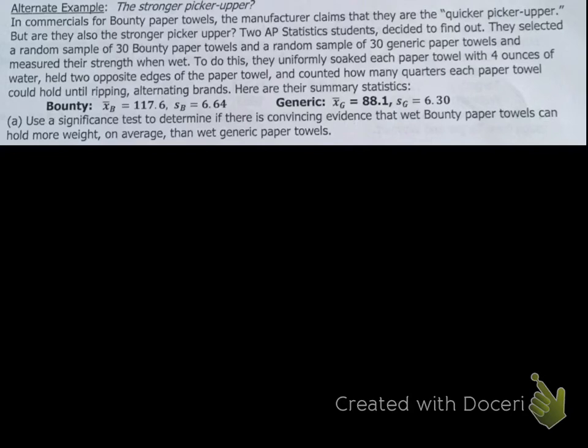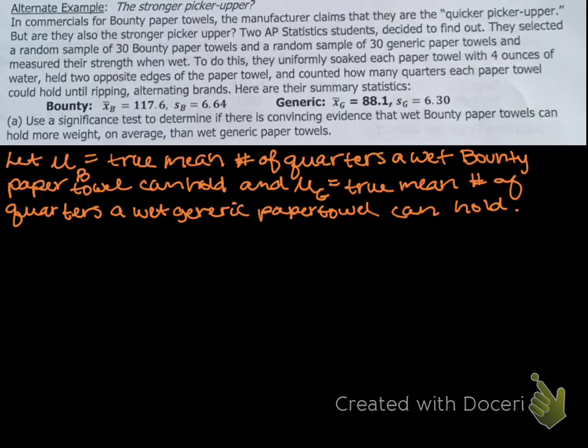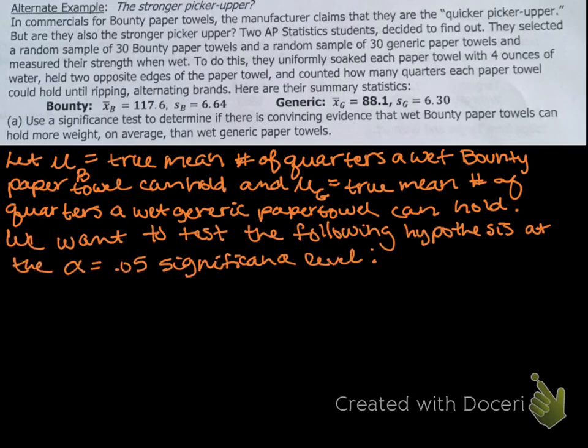Okay, significance test. So here we go. Let mu b equal the true mean number of quarters a wet Bounty paper towel can hold, and mu sub g equal the true mean number of quarters a wet generic paper towel can hold. We want to test the following hypotheses at the alpha equals 0.05 significance level. Remember, when they don't give you a significance level, you go with 0.05.